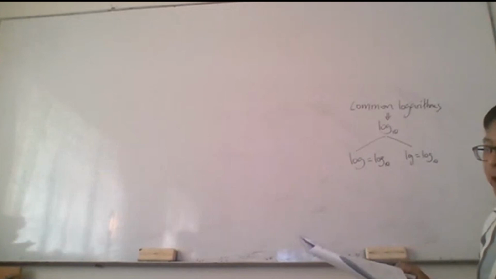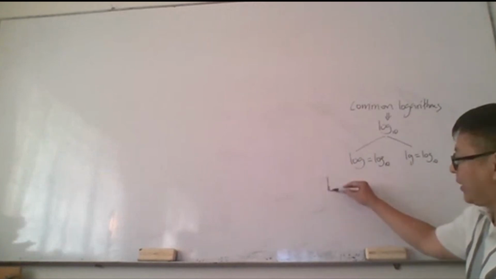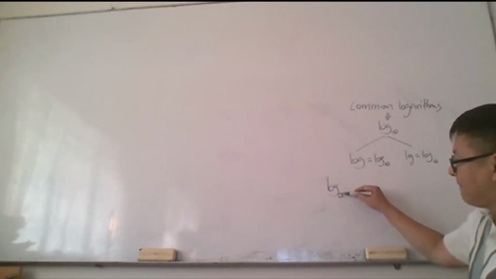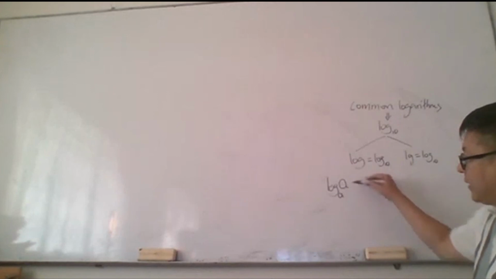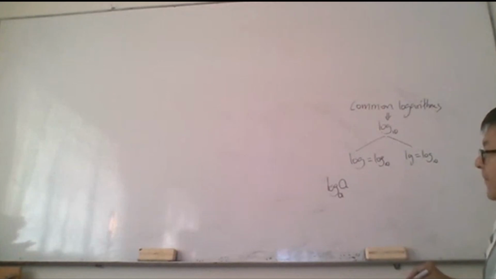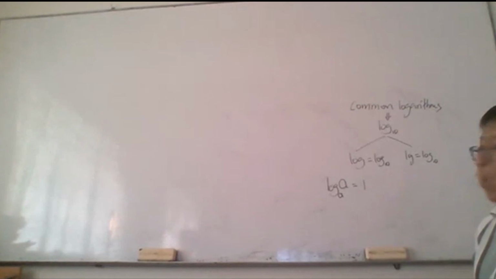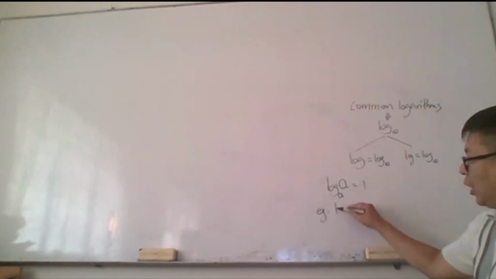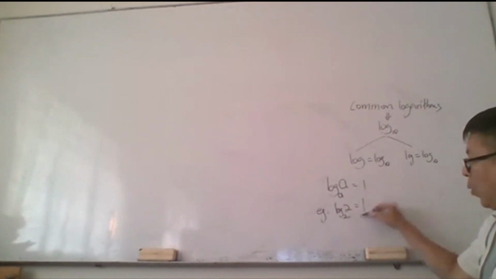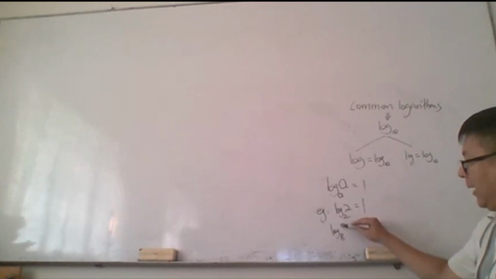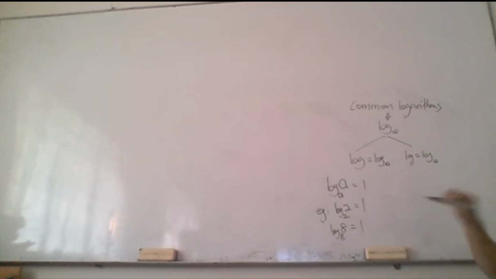It's called common log. For logarithm, if the logarithm base a and the number a are the same, then their value will be 1. For instance, log base 2 of 2 will be 1. Log base 8 of 8 will be 1.